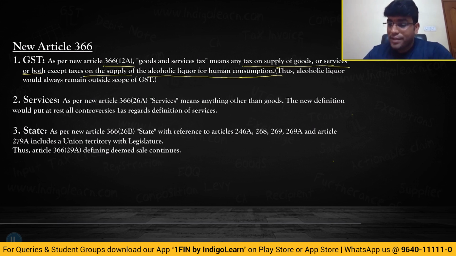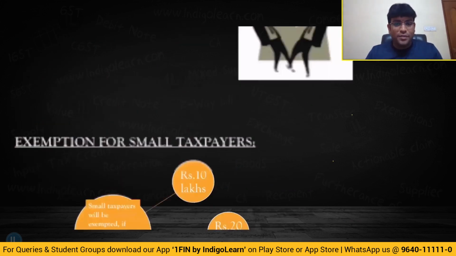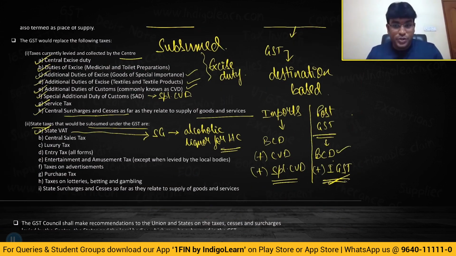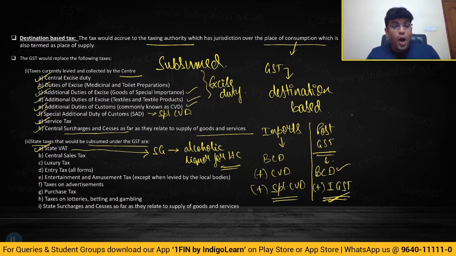On this alcoholic liquor for human consumption, state VAT is charged. State governments make a good amount of revenue from it. So, what is the definition of GST? GST is a tax on supply of all goods or services or both, except alcoholic liquor for human consumption, which still continues to be governed by the existing taxes only.